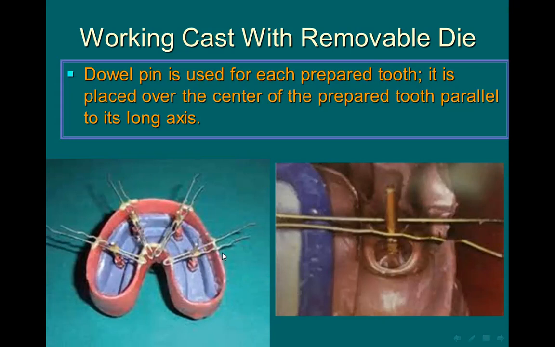Then when we fix the dowel pin, we mix the die stone, and we pour it in the impression until the cervical area is covered with the stone, and this we call the first pour.